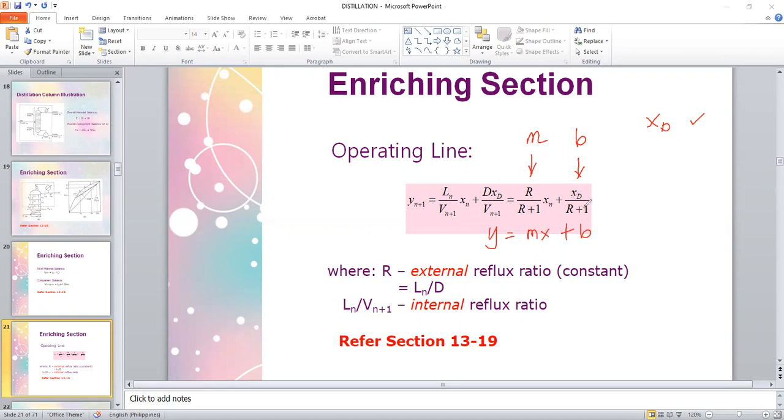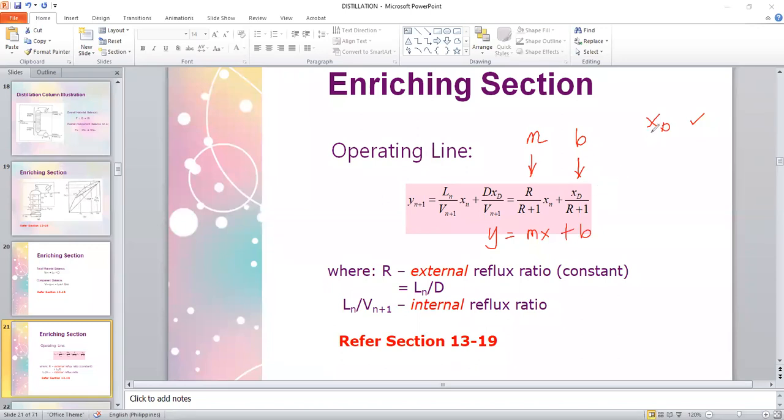So you will use the two. Whereas if you use the slope, you only need the reflux ratio because you solve it based on the reflux ratio. This is the formula for the m of your enriching section operating line. And this is the formula for the y-intercept of the enriching section operating line.